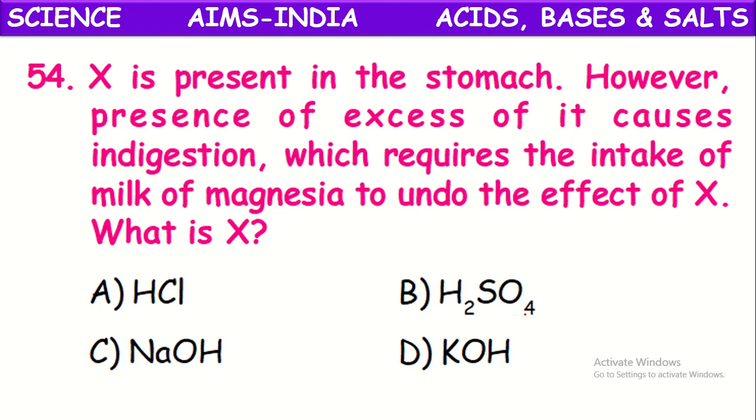This hydrochloric acid is present in the stomach and is used in the digestion process. But excess production of this acid causes indigestion. That's why to counter the effect of excess hydrochloric acid, we take milk of magnesia. So what is X here? Hydrochloric acid, HCl.